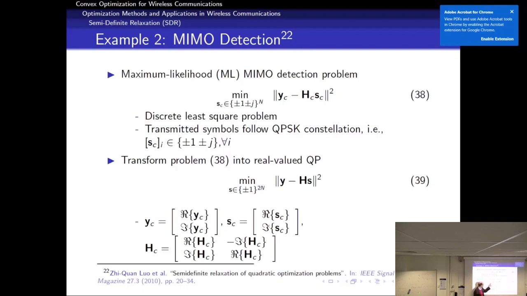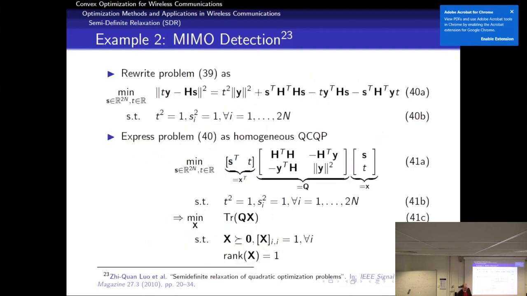So the fact that s is binary, plus or minus 1, is converted into a constraint that says, instead of playing with those binary variables, I'm just saying s squared has to be equal to 1. This is my constraint, right? And this is what you see here. I have my s squared equal to 1. So I have written my objective function slightly differently, and my constraint slightly differently as well.